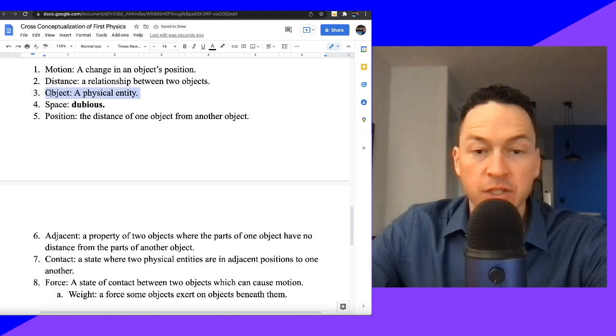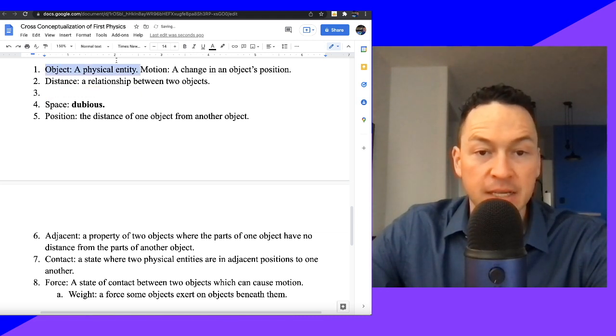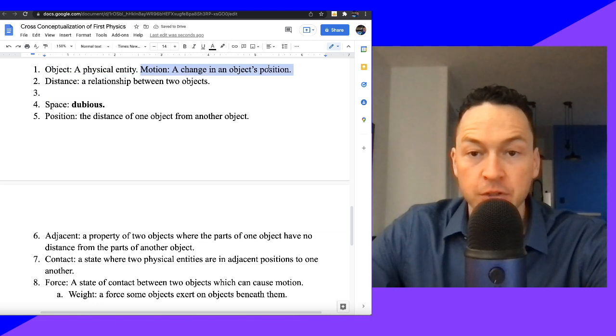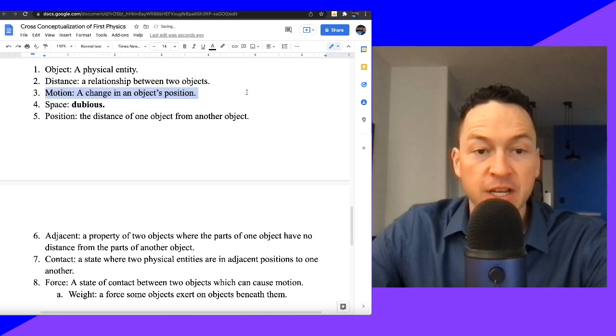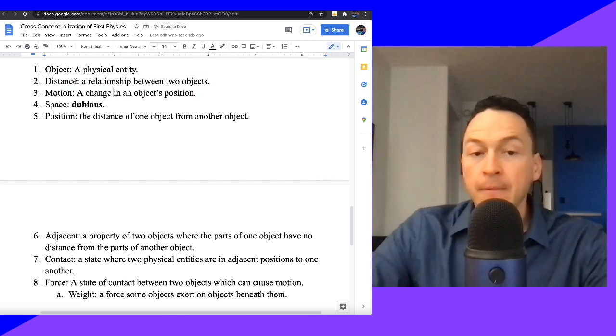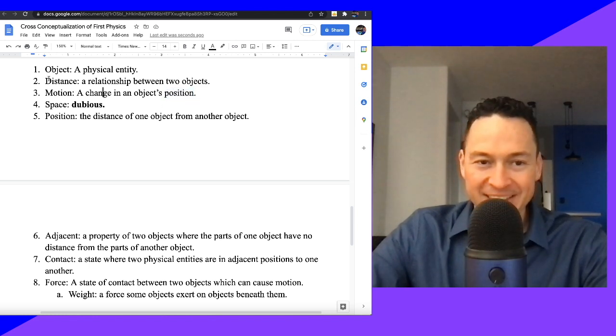And of course, I'm going to have to move object up here. I'm going to have to move position down. I'm going to have to move motion down here. Okay, so let's think about this. Oh, wait. Let me explain this. Distance is a relationship between two objects.